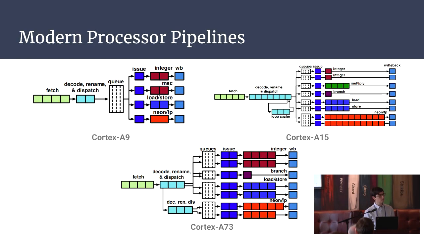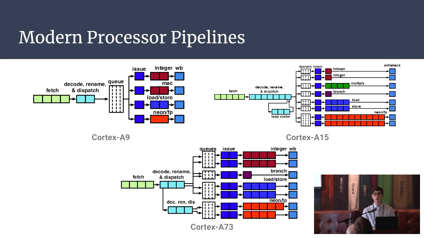So to give a little bit of a reference of what our core looks like in comparison to others, these are a couple of cores coming out of ARM. These are the Cortex family of processors, starting from the A9 all the way to the 73. I believe the A9 was done in 2006, but as you can see, for an out-of-order core, it's fairly standard.